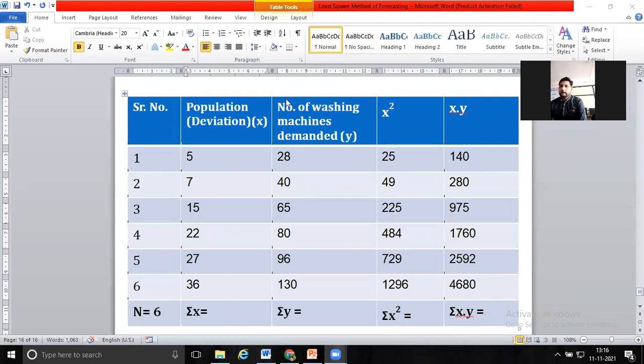Okay, tell me this summation of x value. All four values you can put up in the chat box: summation of x, summation of y, summation of x square, summation of x multiplied by y, in serial format. No issue.